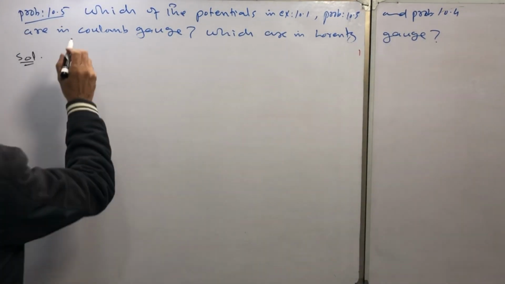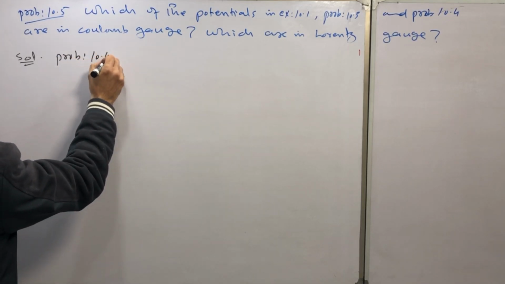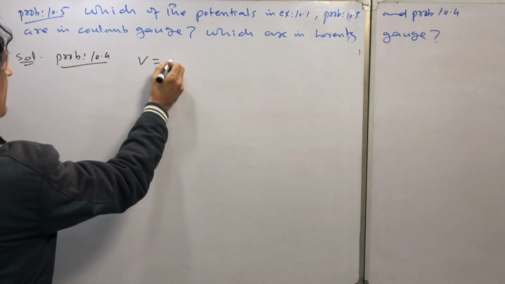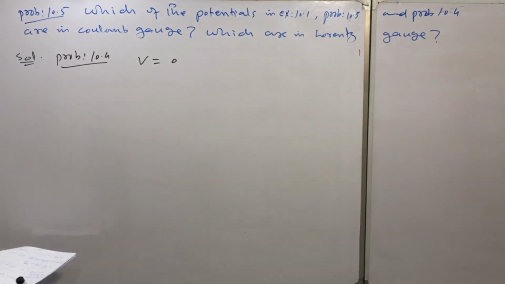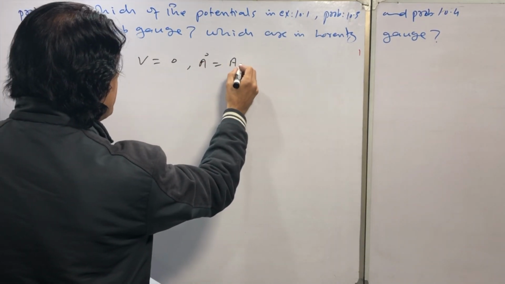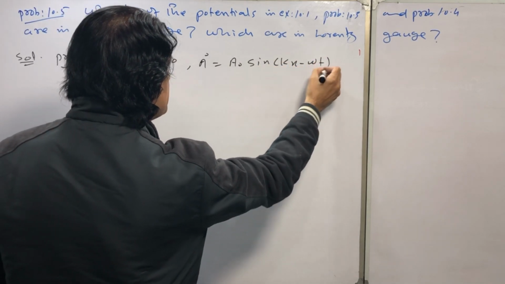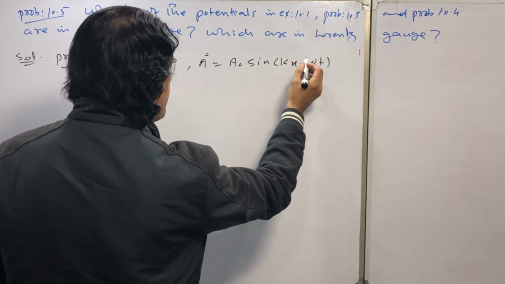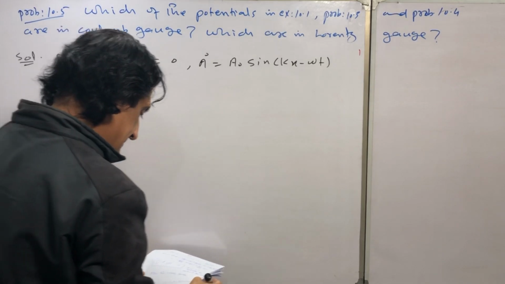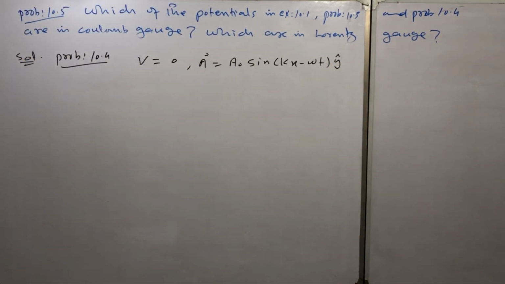In problem 10.4, the scalar potential is equal to 0, and the vector potential is equal to A naught sine of (kx minus omega t) in the y direction.